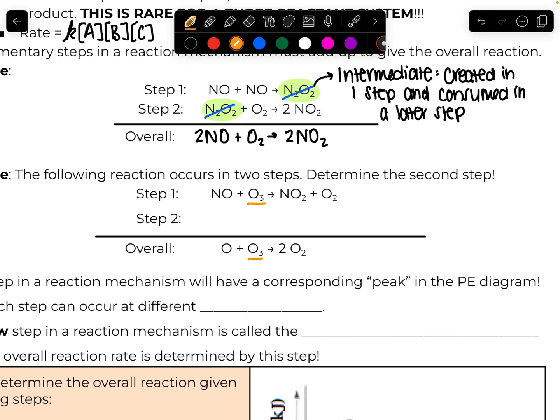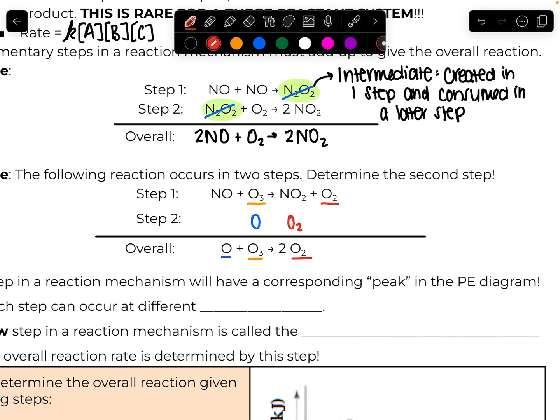So that's pretty good. I don't see any O, so that must mean that I need some O present in step 2. I see O2 as a product in step 1, O2 as a product in our overall, but what's the problem? In the overall, I'm producing 2 moles of O2, whereas I only have 1 in step 1, which means there must be more O2 in step 2 to add up to those 2 moles.